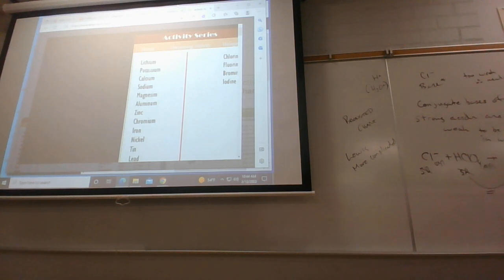Nickel metal, the element, has an oxidation state of 0. Chlorine gas, Cl2, also has an oxidation state of 0.